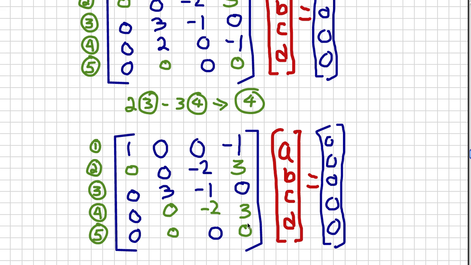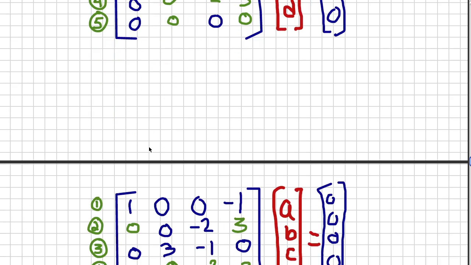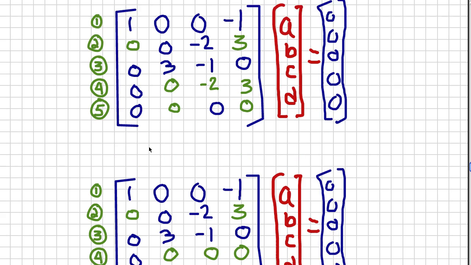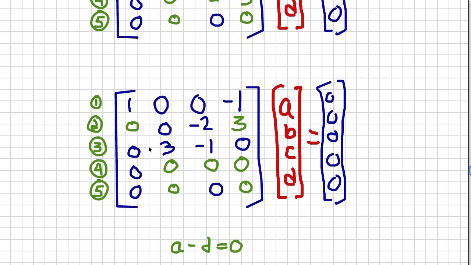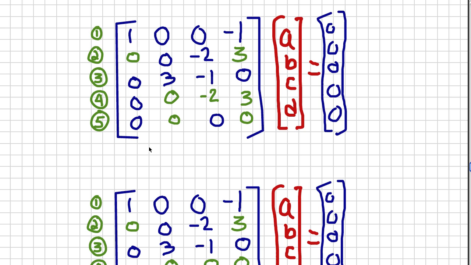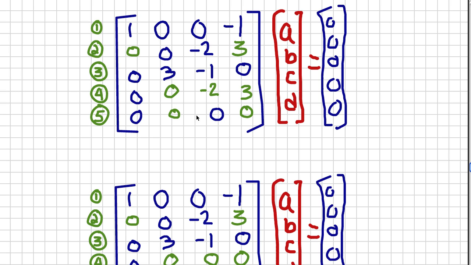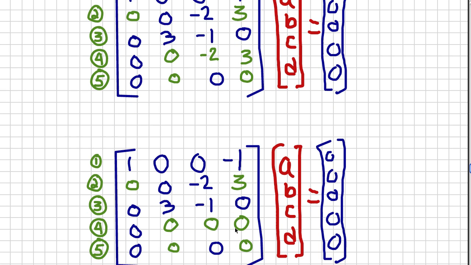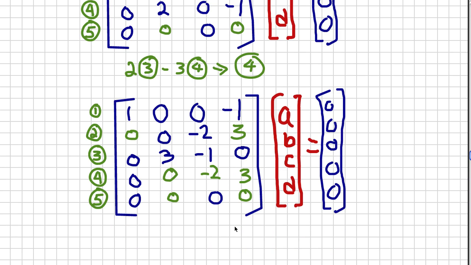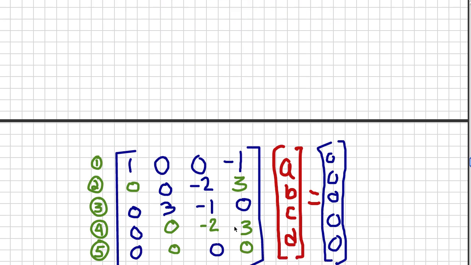So this is now what my matrix looks like after that set of row operations. I continue the process here, but actually, it looks like I'm pretty much done right there.